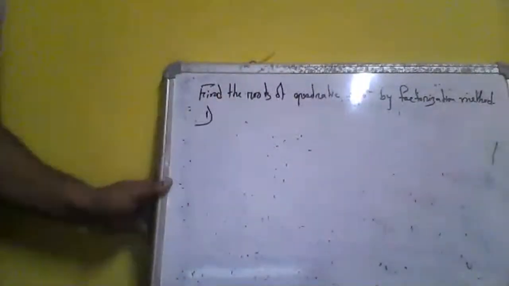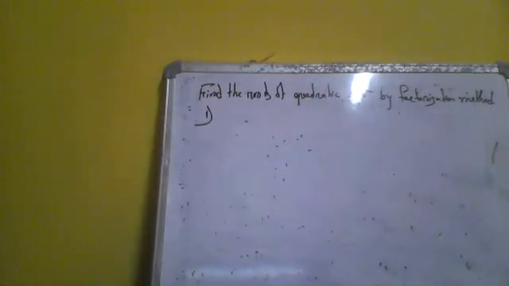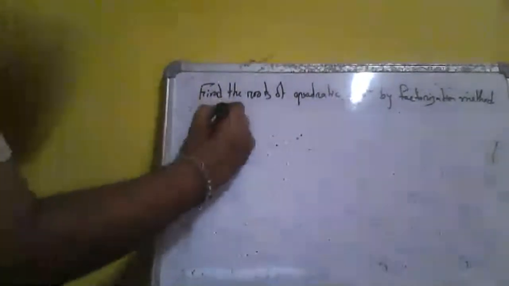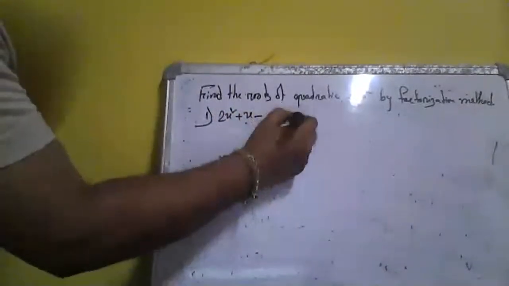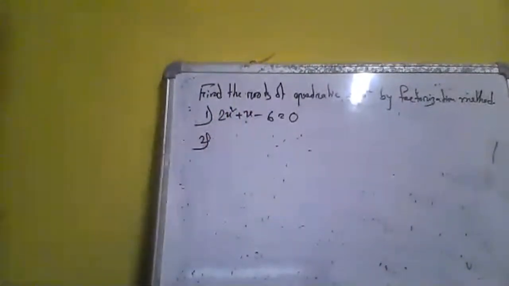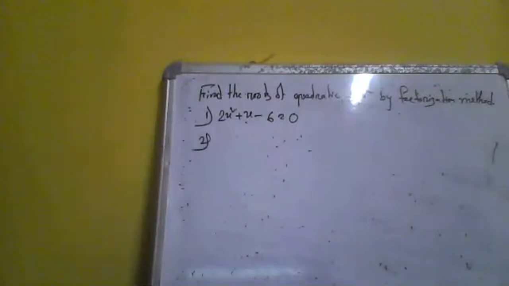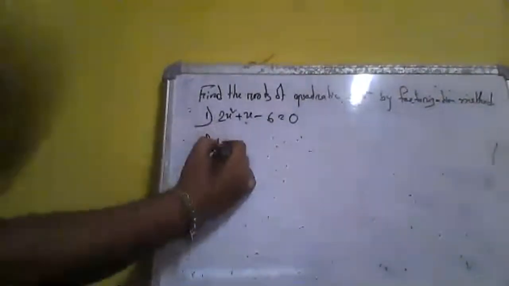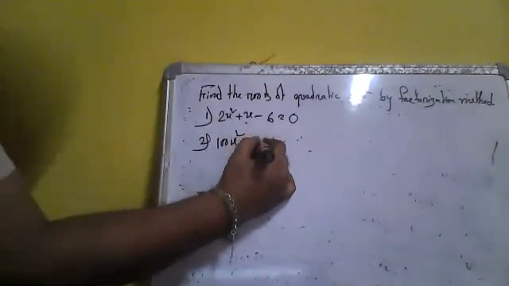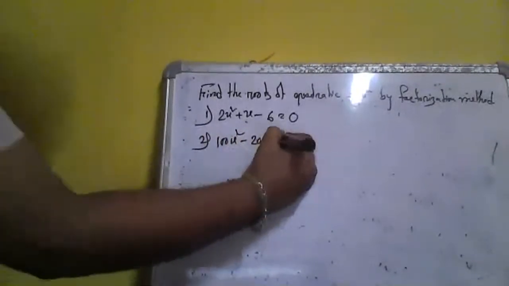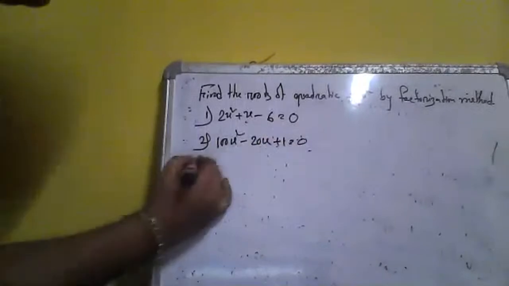Then write number 1: 2x square plus x minus 6 equal to 0. Number 2: 100x squared minus 20x plus 1 equal to 0.